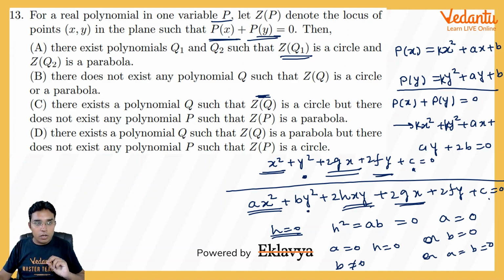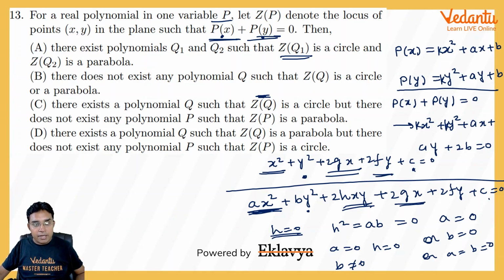So you are not actually writing px and py completely, because in px and py we just have to replace x by y. So both should have the same polynomial. Whatever polynomial was there for px, the same will be for py. The only difference would be that x will be changed by y. But here we are talking about a quadratic in x, but linear in y, or the converse.